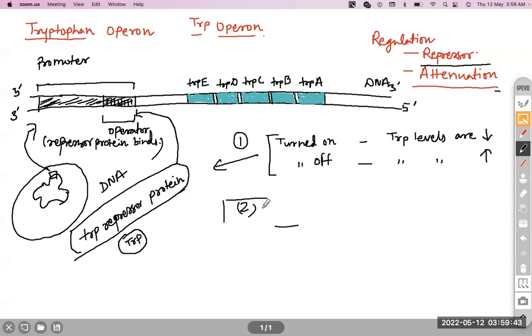But when tryptophan availability is low, the operon is switched on, and the genes are transcribed. Biosynthetic enzymes from each of these genes are made, and then tryptophan will be synthesized. Okay.